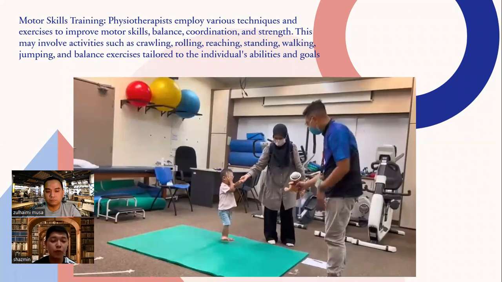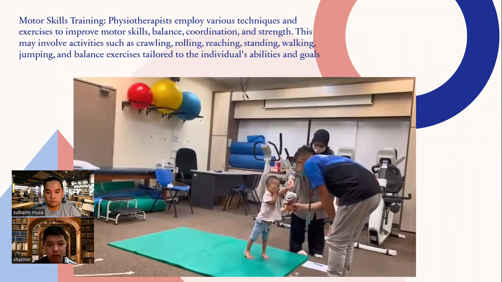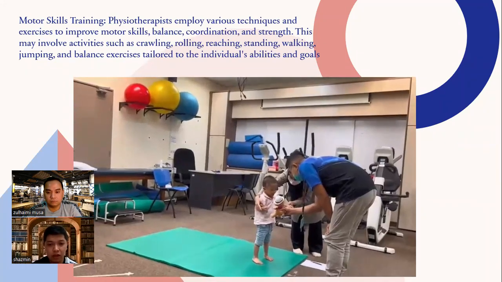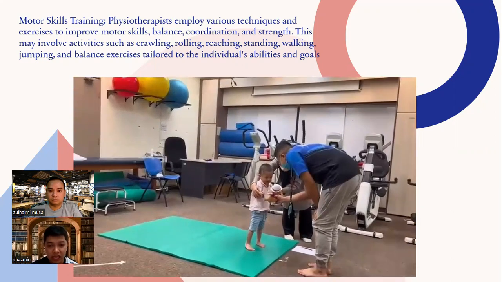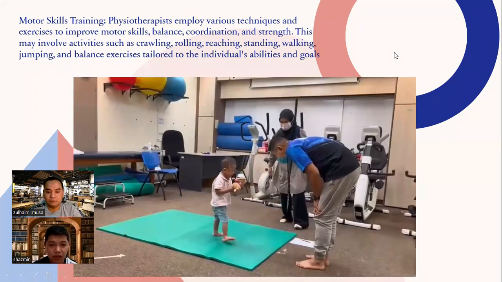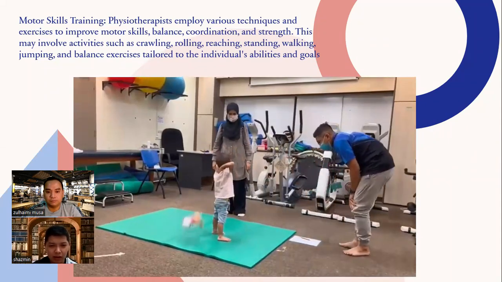This is the part where I try to see the child's gait pattern, the way he walks. We can see in this video the patient walking with a waddling gait.